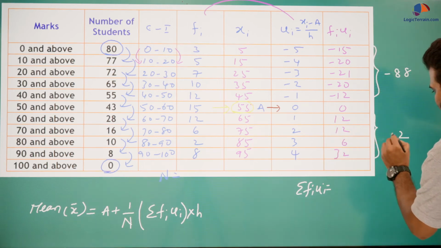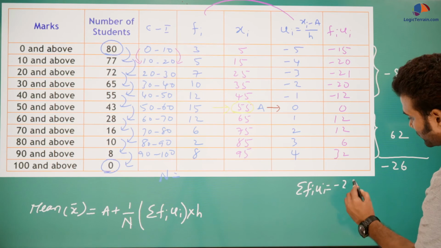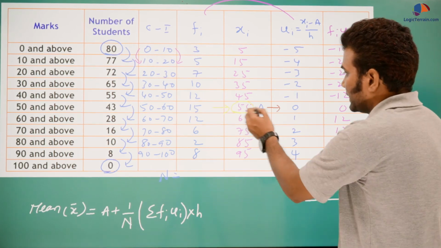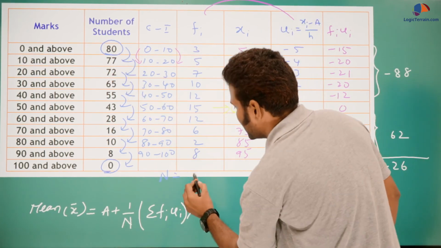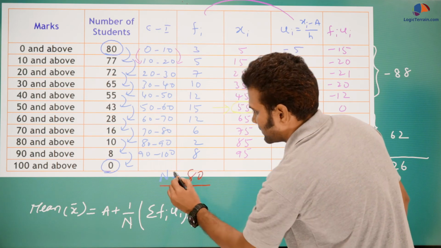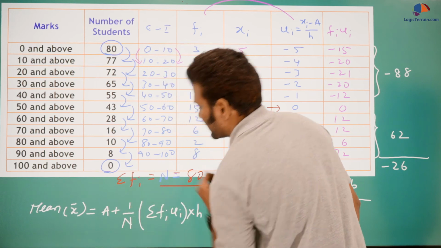Now sum up these two, so we'll get negative 26. Summation fi ui is negative 26, and N, the sum of all these frequencies, we already have, that is 80. N is equal to summation fi.